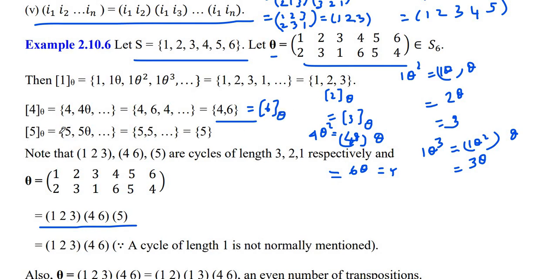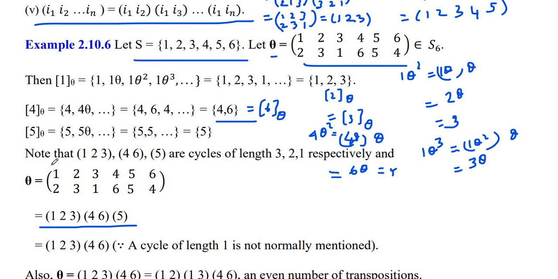Now for 5, because 5 is taken to itself, whatever power of θ you consider, you will get only 5. So the orbit of 5 under θ is just the singleton {5}. Once we have an orbit, it will be denoted with curly braces.